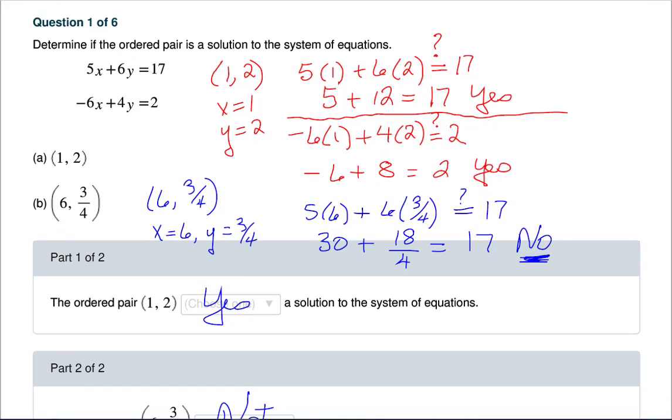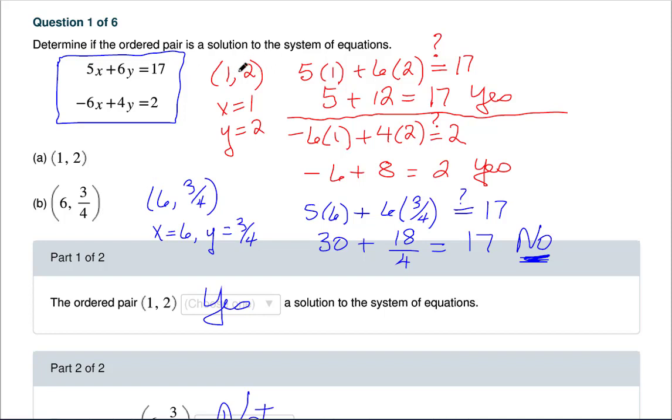Alright, so let's take a look here at some problems. Here we have our system of equations. And what they're simply asking us is whether several points, 1, 2, and 6, 3/4, are solutions to the system of equations or not.